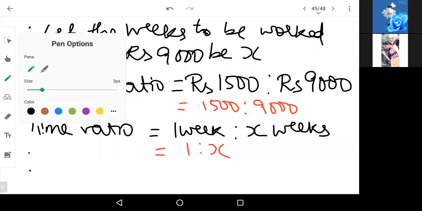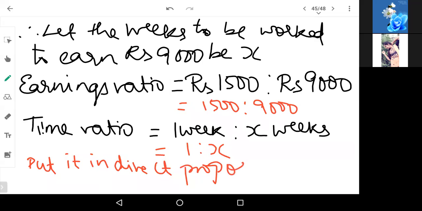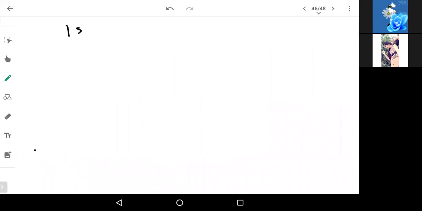Now let us put this in direct proportion. We have two ratios, 1500 is to 9000 and 1 is to x. So 1500 is to 9000 is equal to 1 is to x.